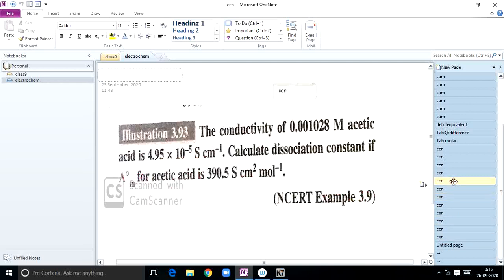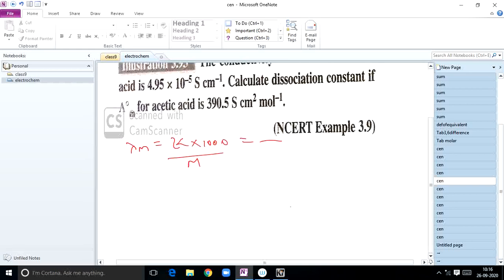Next, come on, quick. Conductivity of acetic acid is given. Calculate the dissociation constant. We did this same model, students. First formula: lambda m is equal to kappa into 1000 by molarity. You apply this.